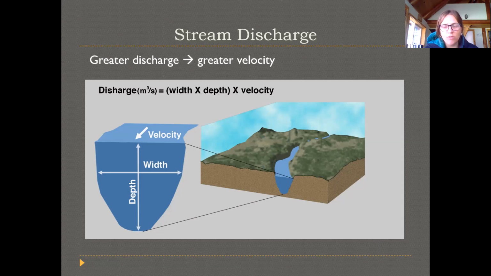That gives you something that has a volumetric, three-dimensional quality. So if your depth and width and velocity were measured in meters, you could get a cubic meters per second measurement, or a lot of times this would be measured in feet. So a depth in feet, a width in feet, and a velocity in feet per second would yield cubic feet per second, or sometimes called CFS, a common unit of stream discharge or stream flow rate.